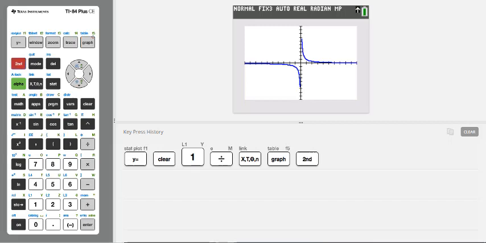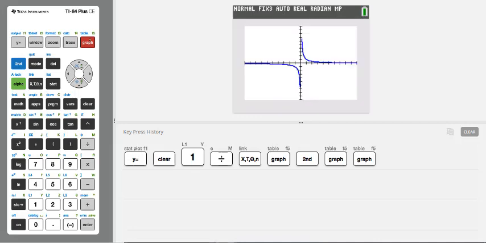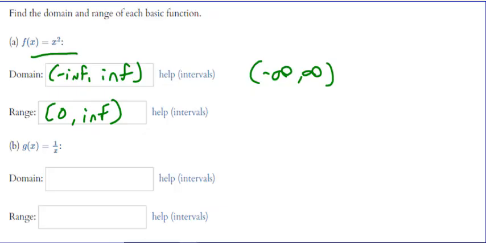If you look at a table, you see at 0 it says error there, so you can kind of see that. So graph again. On this one, here's the domain you would have, and I'm going to write this out. In previous sections, we had to put commas.